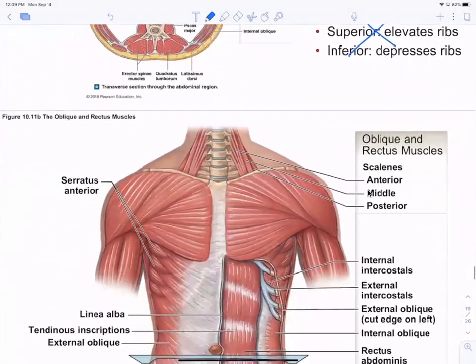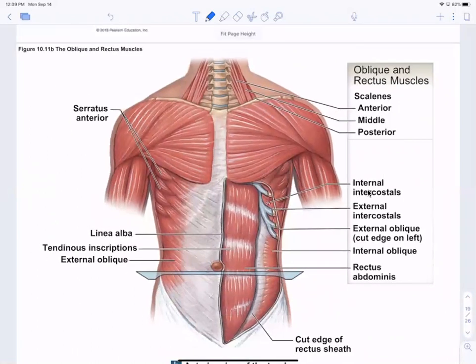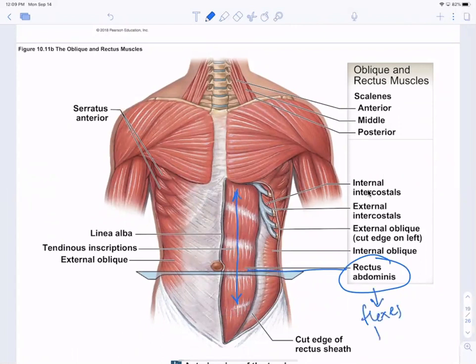So let's talk about those. Rectus is going to mean straight, right? So the rectus abdominis is straight on the abdomen here. So that's the rectus abdominis. It's the washboard. Rectus abdominis flexes trunk, right? And compresses abdomen. All of the abdominal muscles are going to compress the abdominal area.